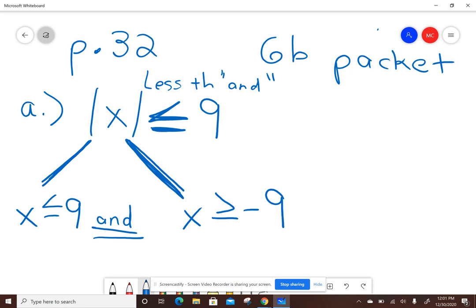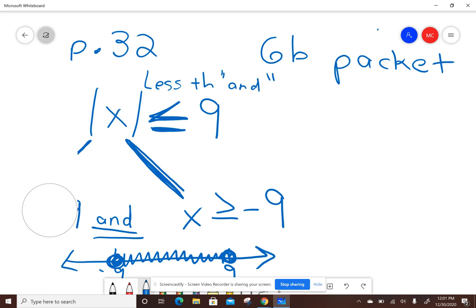And the reason is, if you think about numbers whose absolute value is less than or equal to 9, they would be greater than or equal to -9, but less than or equal to +9. So it's everything in between. So a less than inequality is always going to look like an "and" inequality.